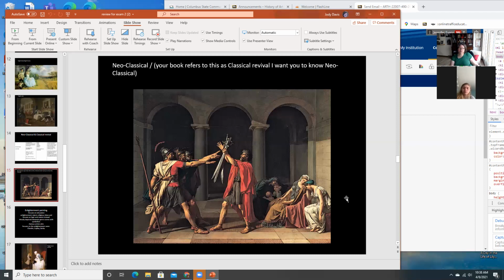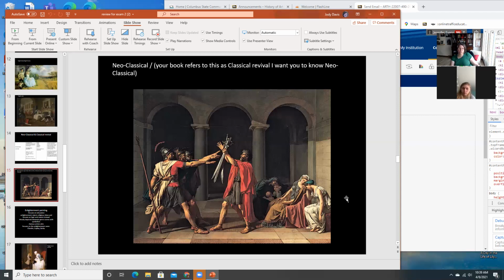Oddly enough, it became a beacon of propaganda for the French Revolution. So it was exhibited in the salon. The people loved it so much. It gained such headway. It was really popular, and it began being printed over and over as a painting to fight for the French Revolution.